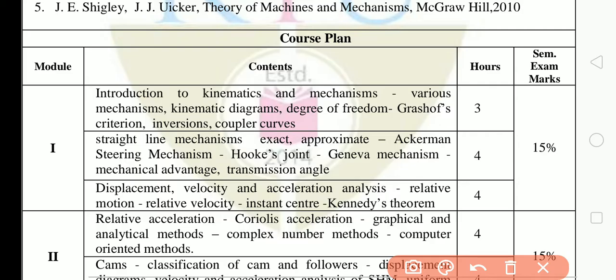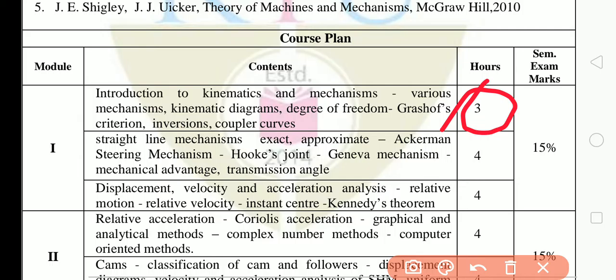Okay. If you come to the right side of this page, you can see hours written here. Here it is written 3 hours. That means the first part of the first module has to be completed within 3 hours. That is the time allotted by the university.